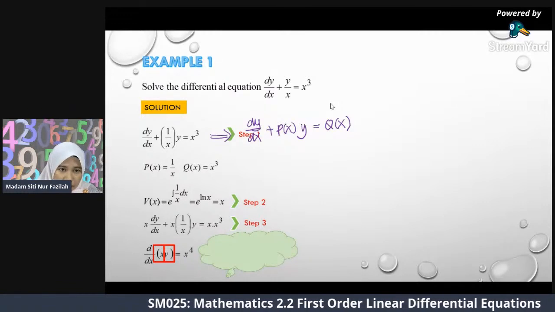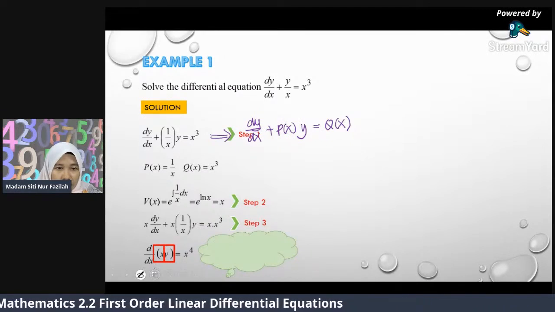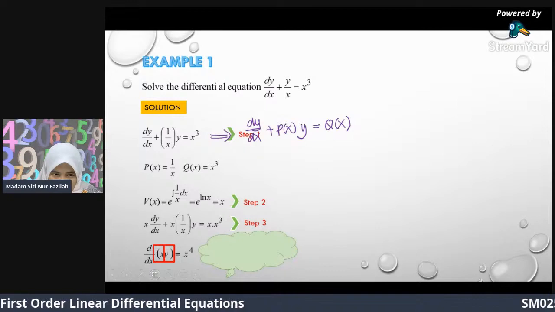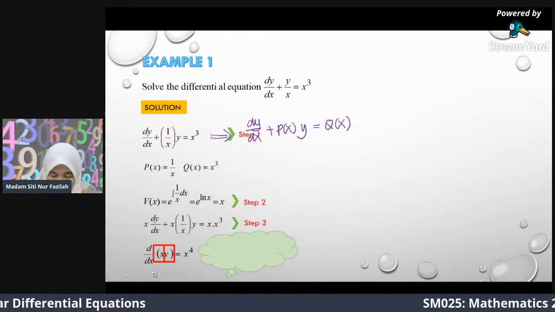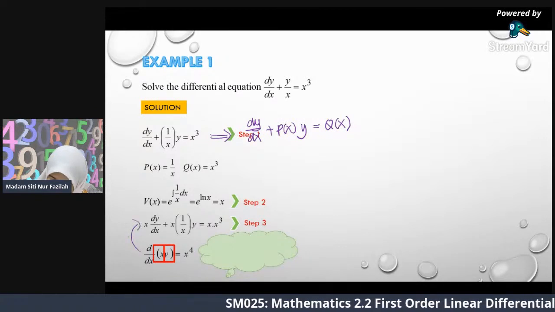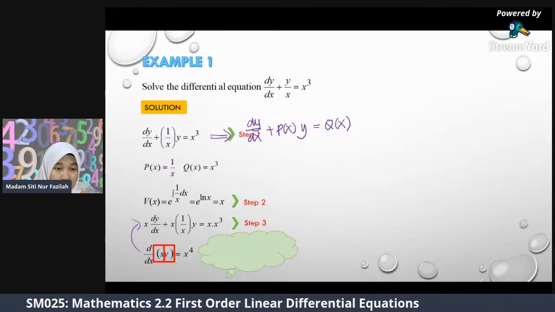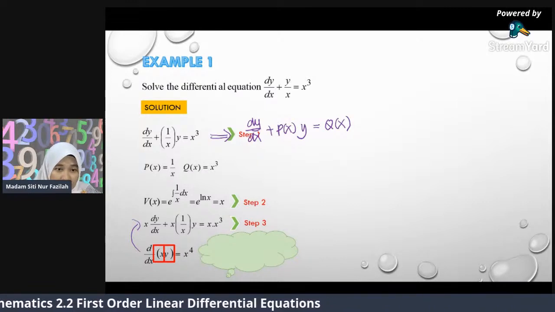If we differentiate d over dx of xy, we can get the output the same as the left hand side.